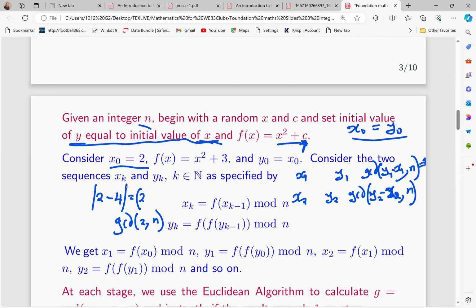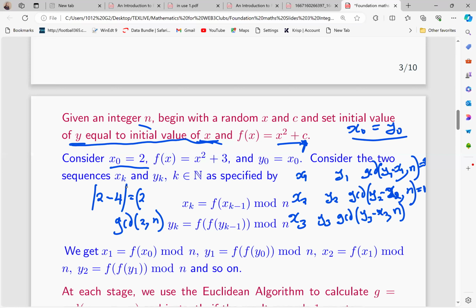If this GCD is 1, proceed and find x3 and y3. Once you find these, find the GCD of y3 minus x3 with the n, until you find a value that is not 1.